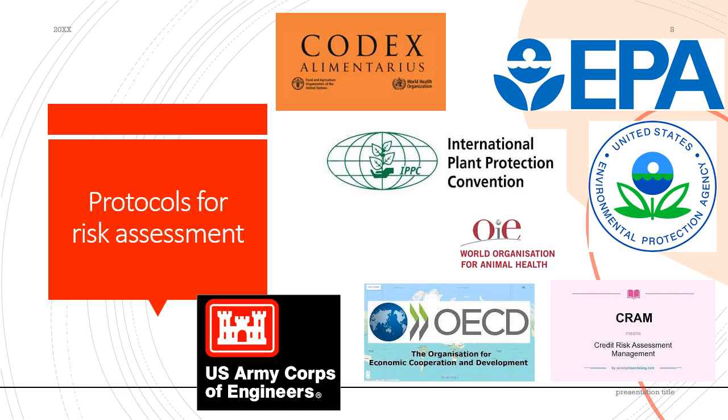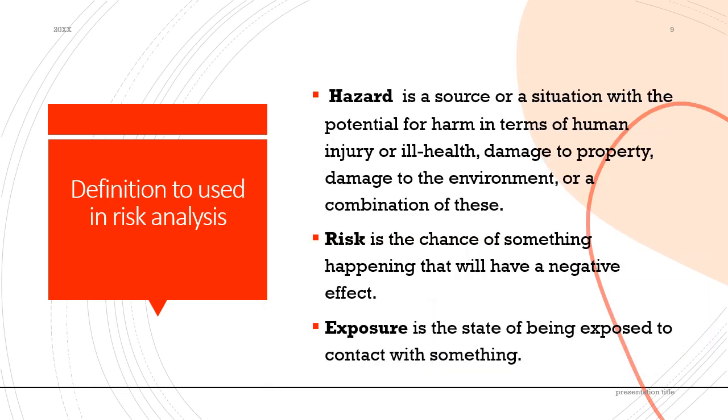These are examples of standard protocols for the risk assessment process that you can find. If it affects humans, the big source that you can use for protocols is the WHO, or World Health Organization.